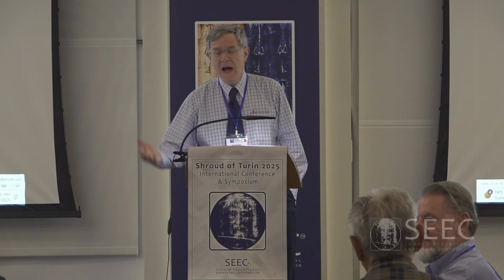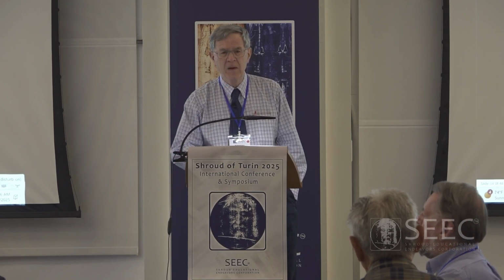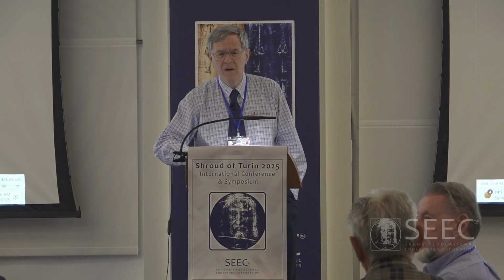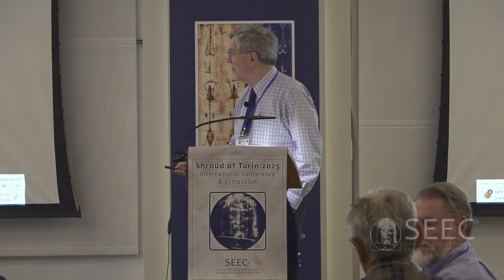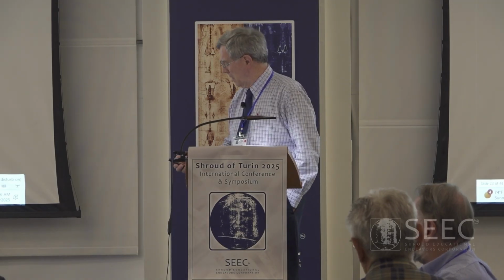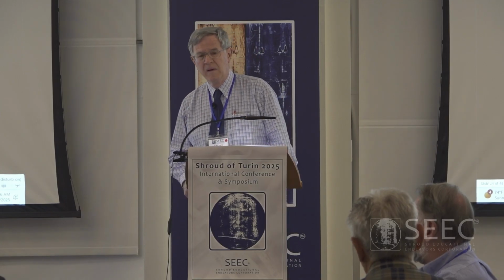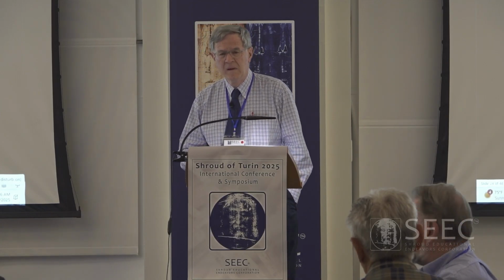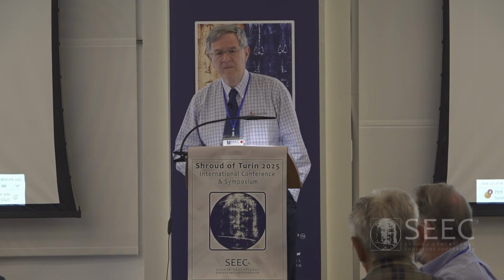That's the point. But I was interested in your presentation with a previous table, when we see all the dates that you have. If you could go back, just after this. My main question is, why didn't you use the radiocarbon dates?